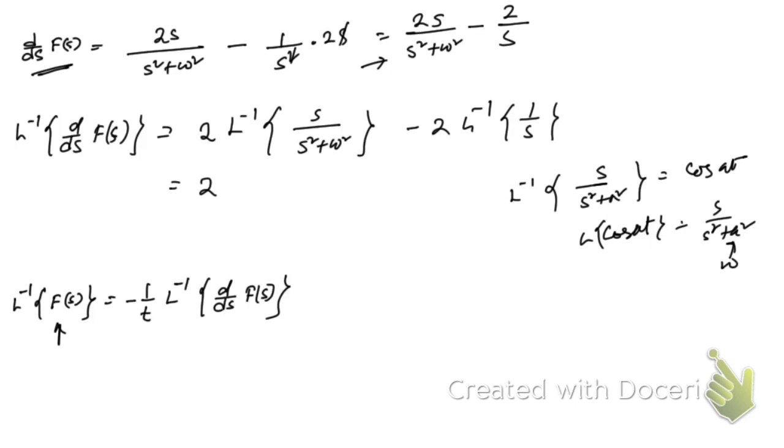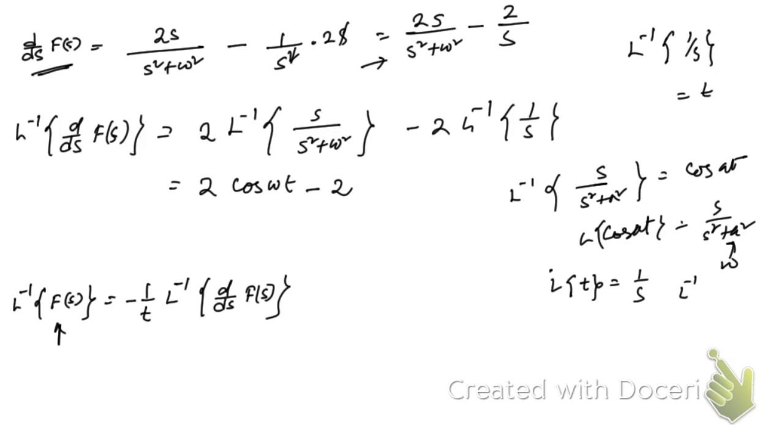So it is going to be cos omega t, and 2 into, then we know that Laplace transformation of 1 is 1 by s. So inverse Laplace transformation of 1 by s, that's going to be 1, right? So here it will be 1.